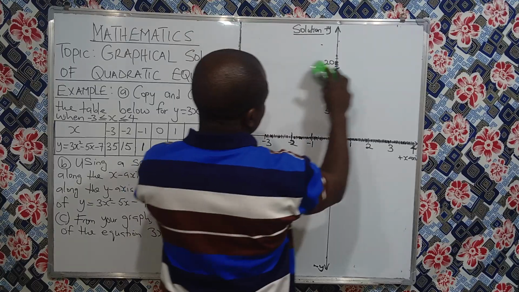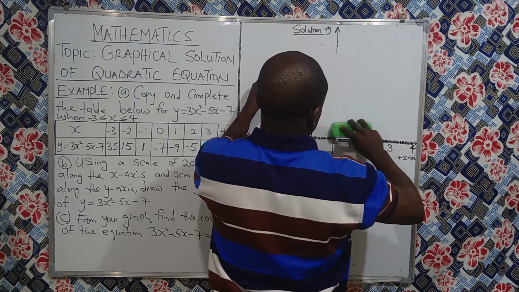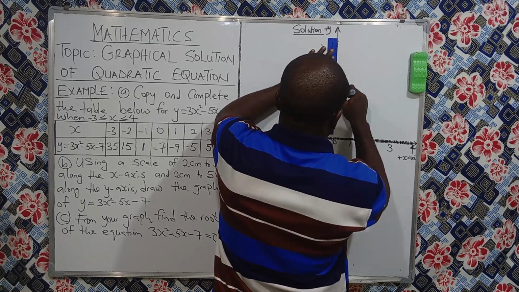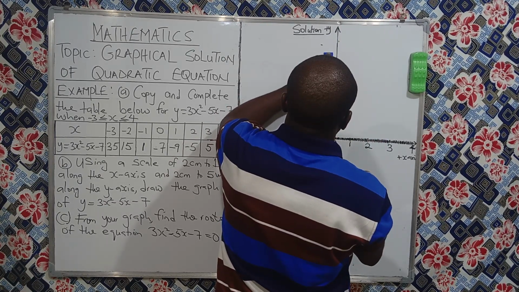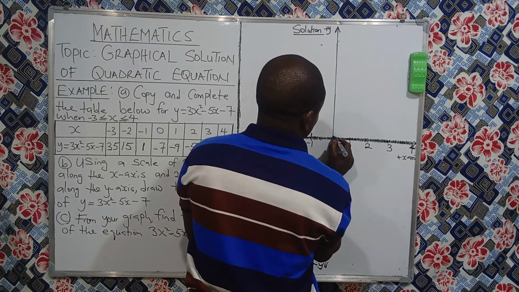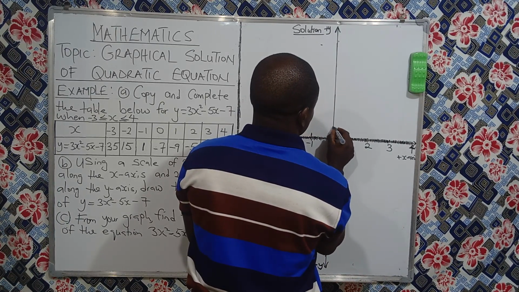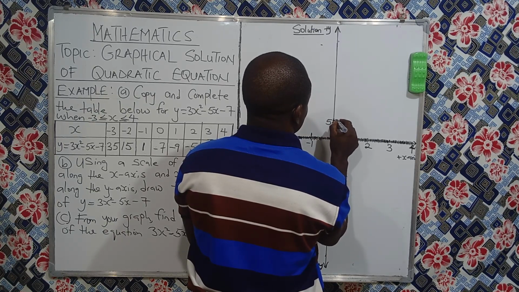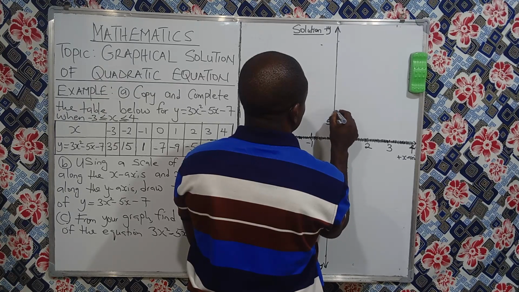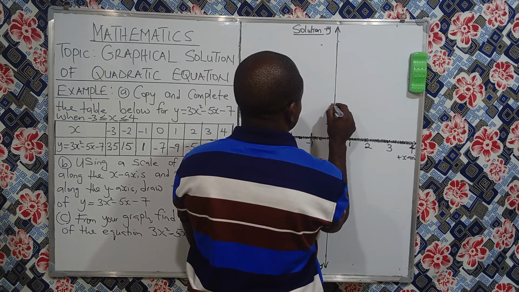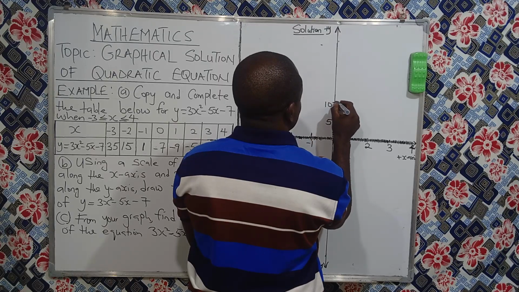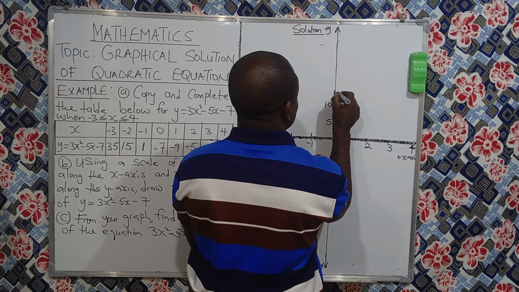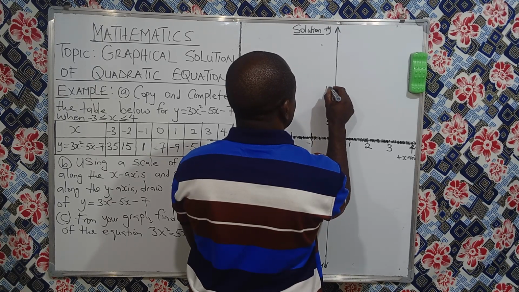Sorry, trying to scroll so that I can get it right. Counting 20, that's 5. Another 20, that's 10. Another 20, that's 15.